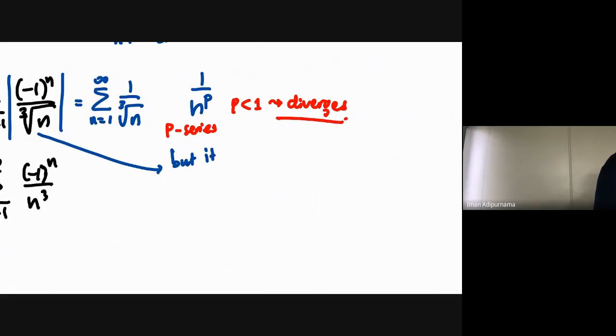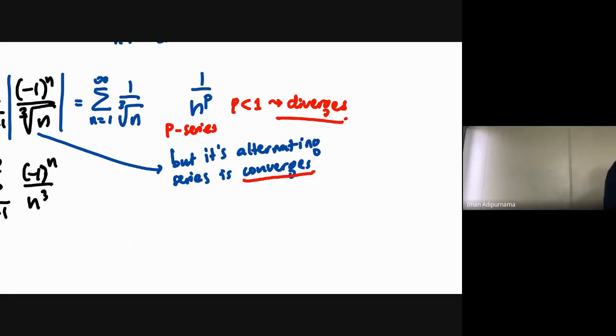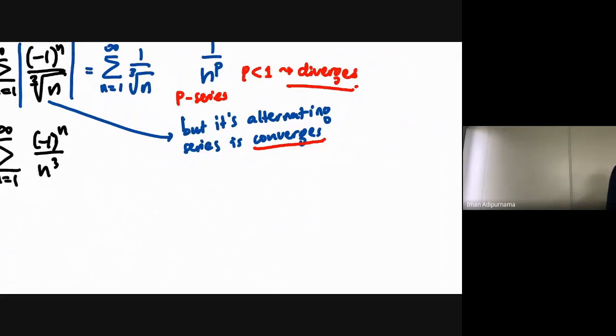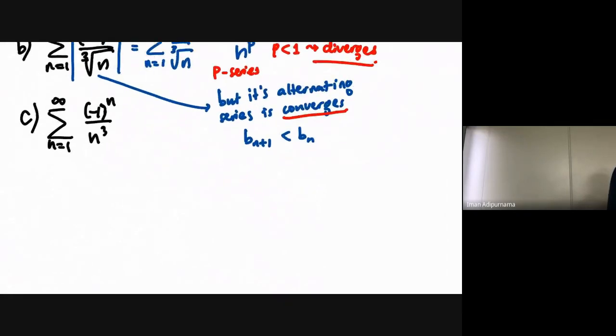But its alternating series converges, because we know that b(n+1) is less than bn. So this is called conditional convergence.